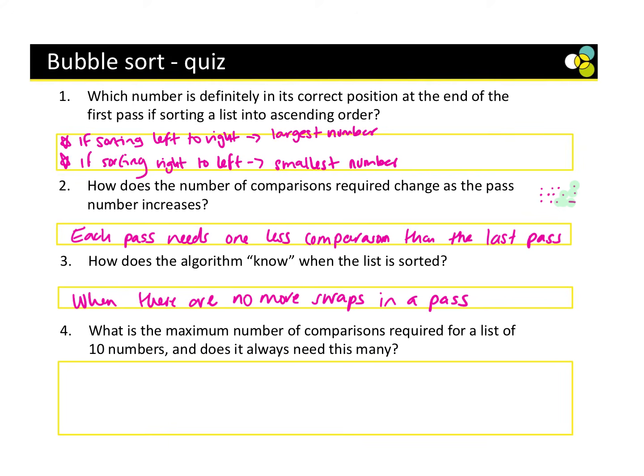Okay, what is the maximum number of comparisons required for a list of 10 numbers, and does it always need to be this many? So in the first pass, there would need to be 9 comparisons. And in the second pass, we'd have 8 comparisons. This is comparisons for the total list.